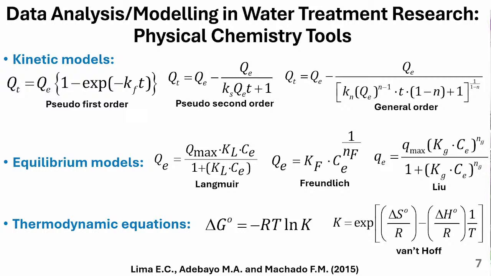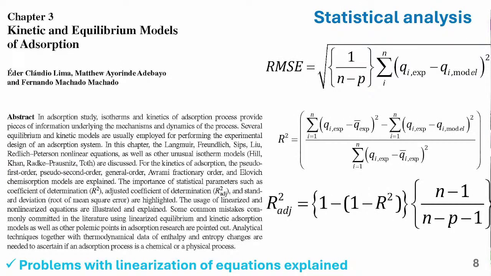In data analysis or modeling in water research, in adsorption study, the adsorbent will be made to come in contact with the adsorbate. Through the process, the adsorbate will be removed by the adsorbents. At the end of the day, the percentage of pollutant or adsorbate removed will be calculated.